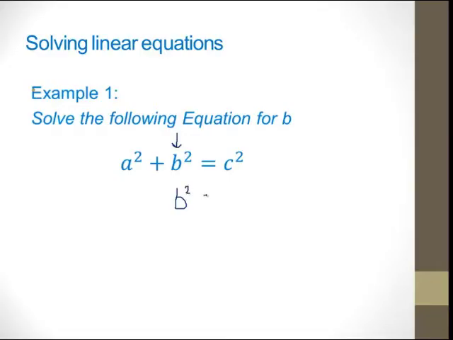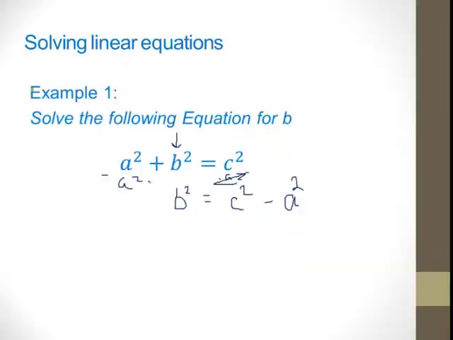B squared is equal to, this guy didn't move, so he's going to stay there, and the thing that I subtracted from both sides is a squared. Keep in mind that the laws of algebra say that whatever you do to one side of the equation, you have to do to the other. What we want to avoid is that 8th grade stuff where you say minus a squared, minus a squared. Just don't worry about that.